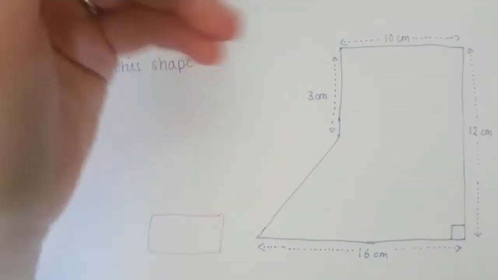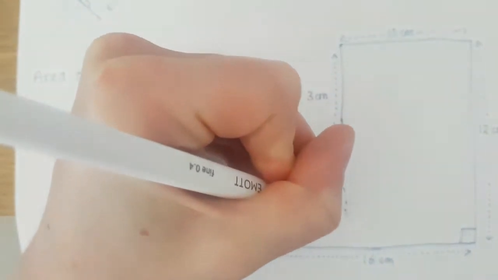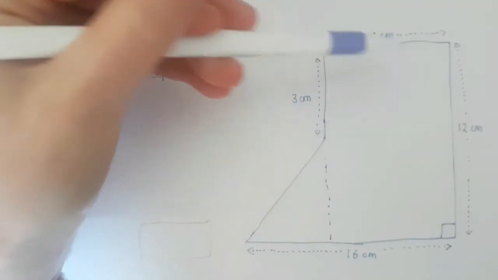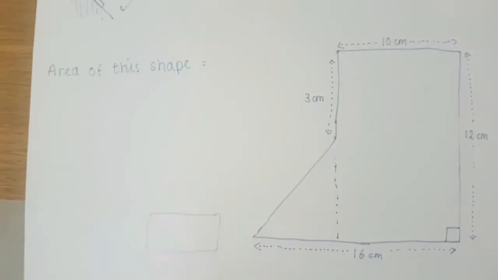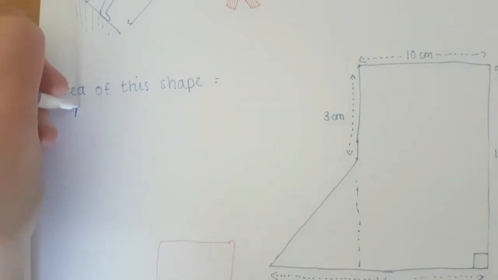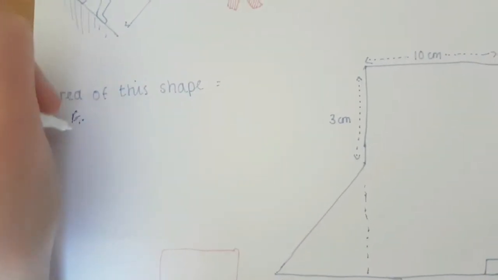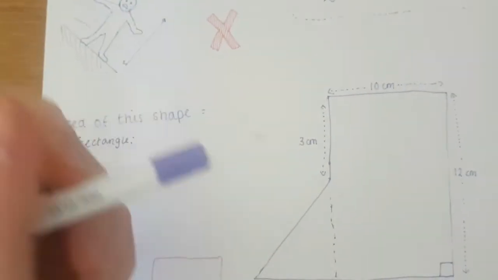Now I know that I can split this shape up down here to make a quadrilateral here, rectangle, and a triangle here. And we're going to find the area of each part separately. So the first part that I'm going to find is the rectangle. I know my rectangle is base times height.